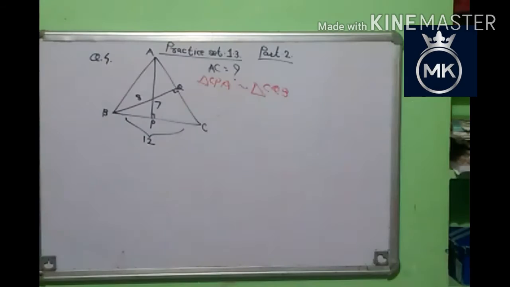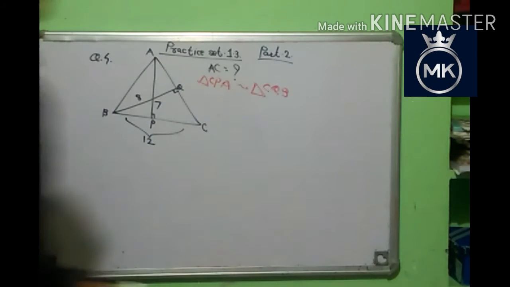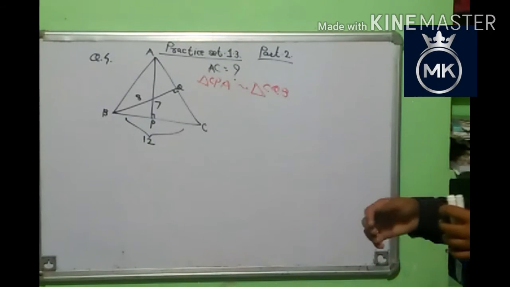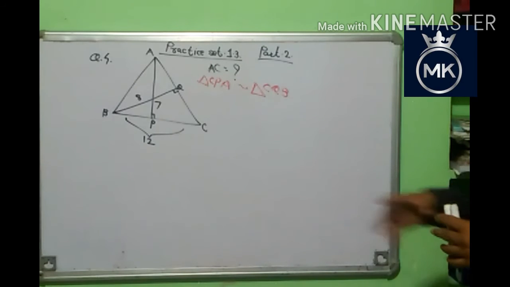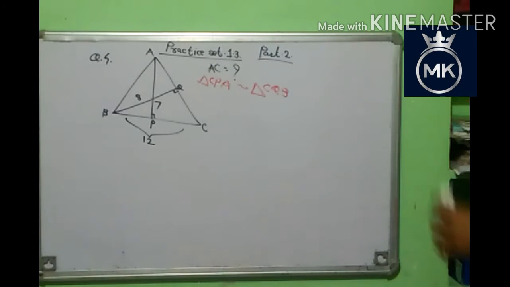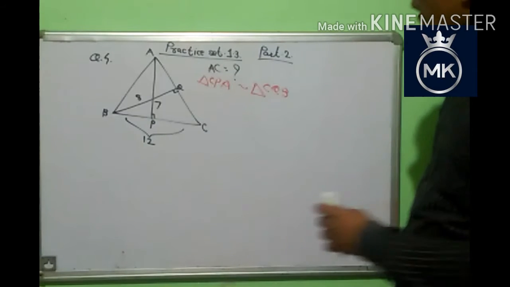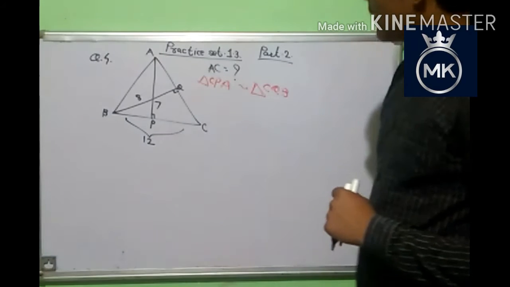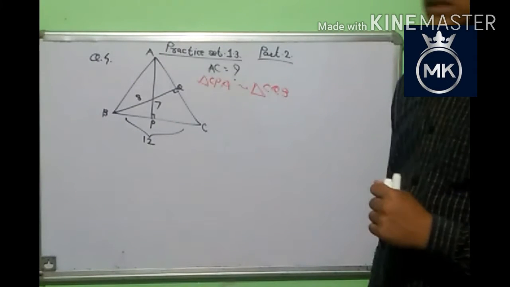So friends, we have to prove in this question the similarity of triangle CPA to triangle CQB, and we find the value of AC here. When we find the similarity of two triangles, we have no pair of similar sides, only similar angles.